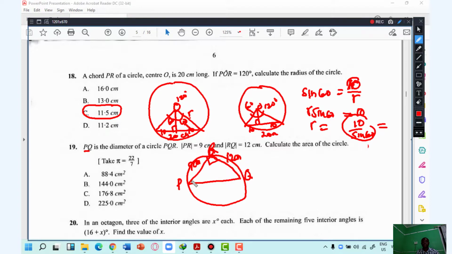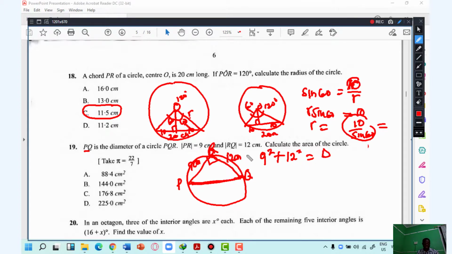This side will be 90. Any line from the center to the circle, a diameter subtended at the circumference of the circle, is 90 degrees. So here is 90, and here will be the hypotenuse. So use Pythagoras theorem. We state that 9 squared plus 12 squared should give us the diameter squared.